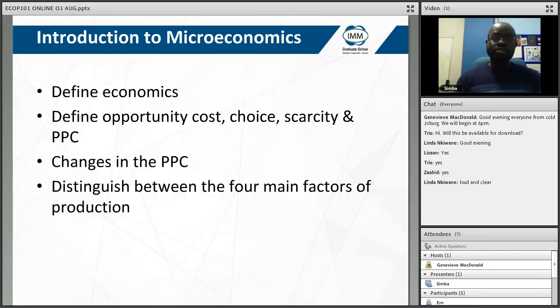We are going to look at the PPC, which will help us to explain opportunity costs, choice, and scarcity. Then we're also going to look at changes in the PPC. If you have any questions as we proceed, just let me know.